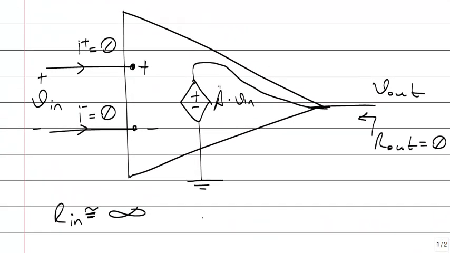Okay? And this constant value A is approximately, in practical amplifiers, about 1 million.